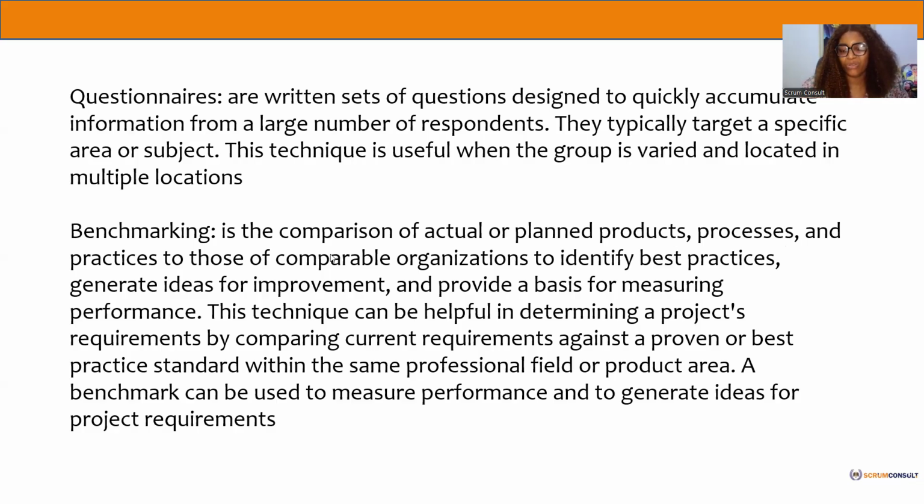Don't forget the context we are using now is elicitation. When you are trying to compare practices, compare processes, compare features, either with your planned work or with the competition.